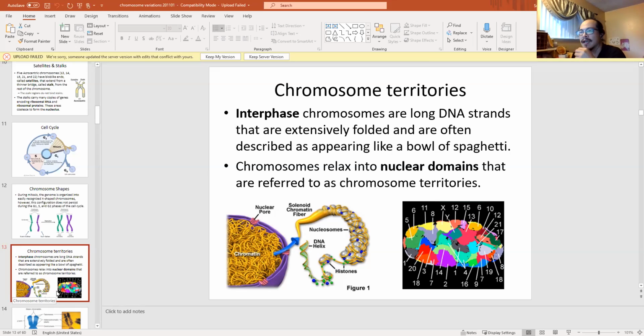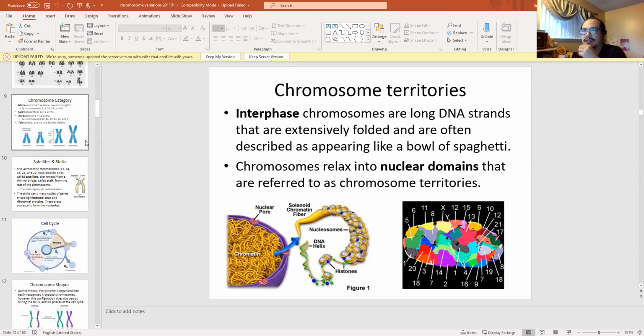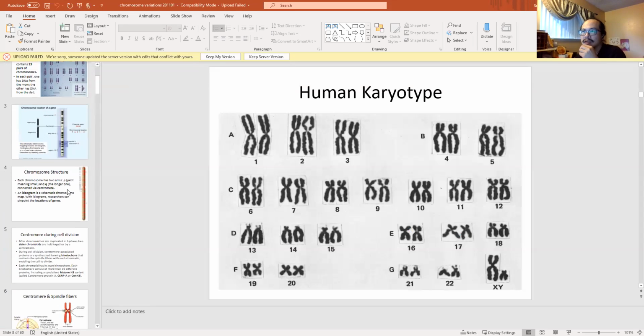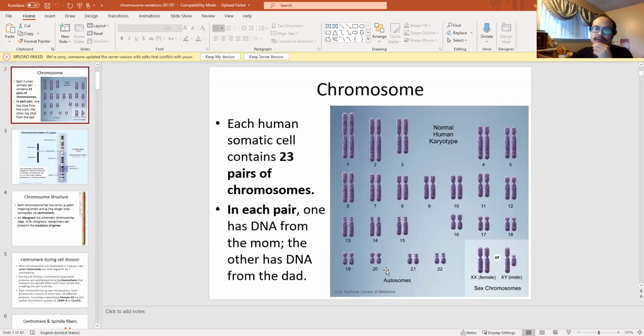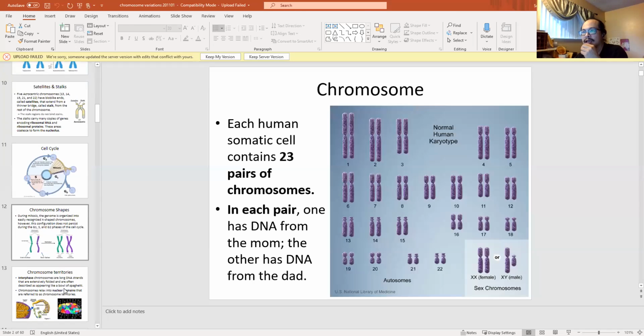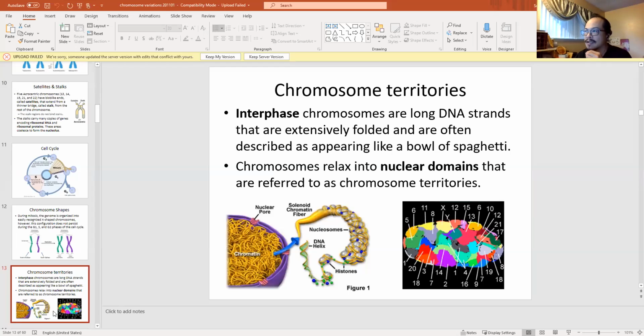It's good to know that we can appreciate the structure of the chromosome like this one here, or like this one here. However, it really depends on the phases. In some phases, like interphases, we may not be able to get a very condensed packed chromosome, but we rather got something like spaghetti, and we cannot distinguish them based on their shape.